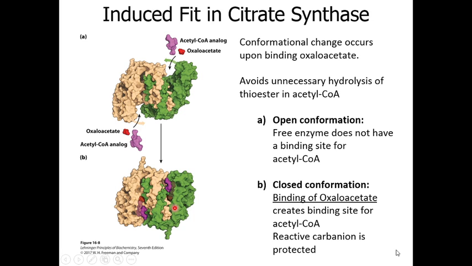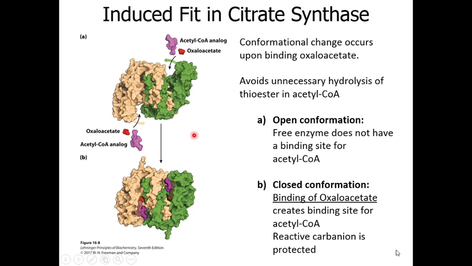One of the reasons why induced fit happens is to avoid unnecessary hydrolysis of acetyl-CoA. Because if acetyl-CoA first binds in the active site, water in the active site can hydrolyze the thioester in acetyl-CoA, resulting in just acetate. That can hamper the whole sequence of reactions.